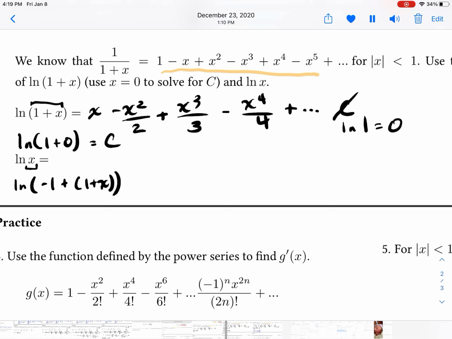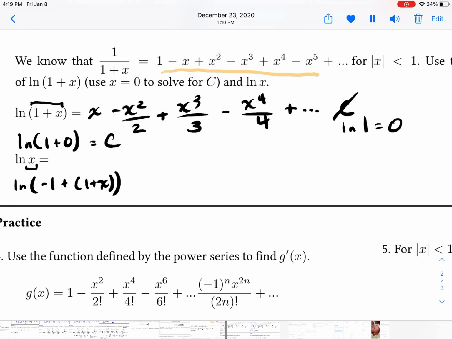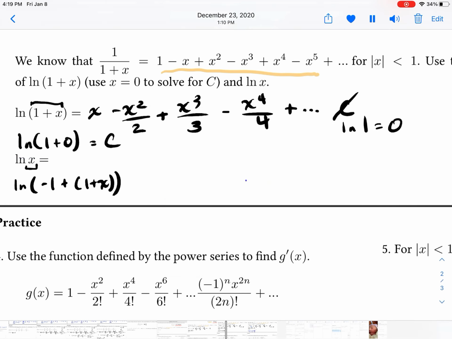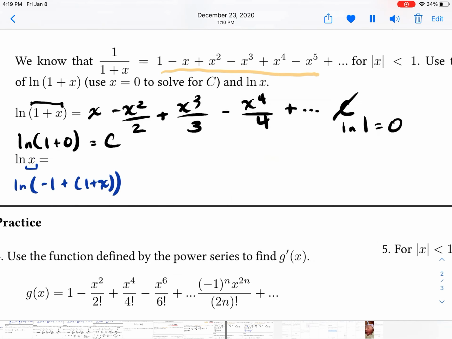So all that means for us is we're going to take the same series that we had before, and we're just going to replace every single one of our arguments with x minus 1. And again, I got x minus 1 by just simplifying here.